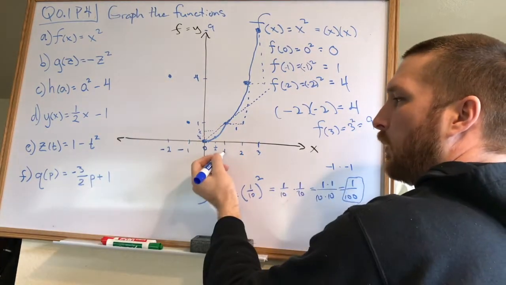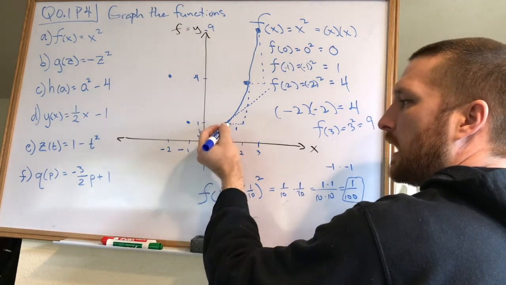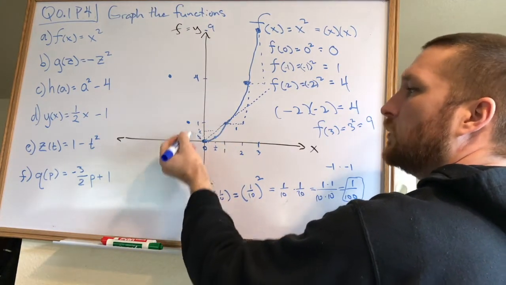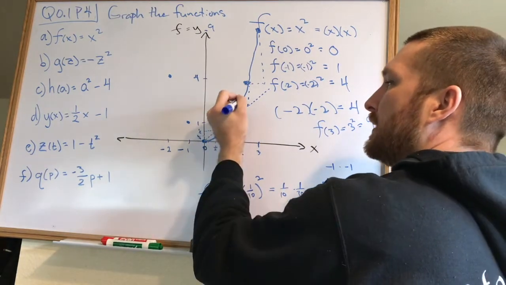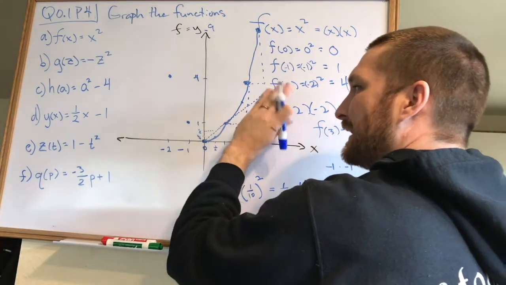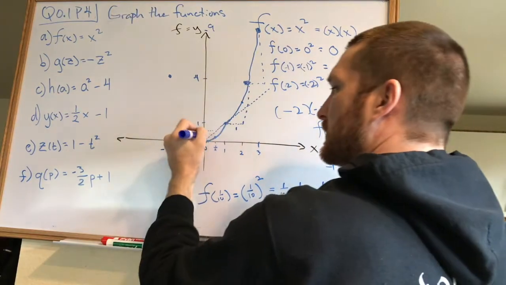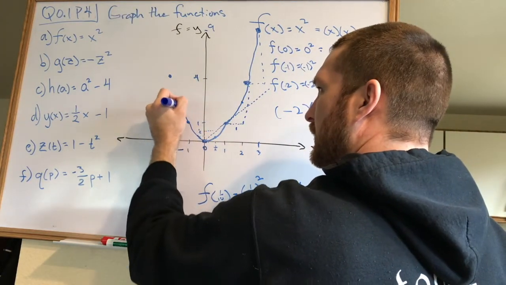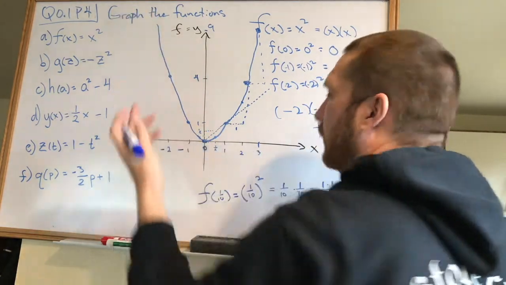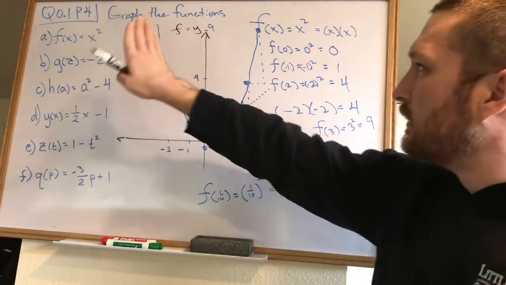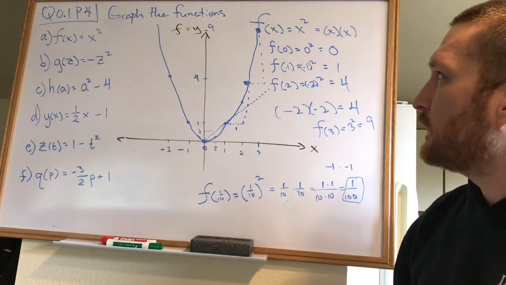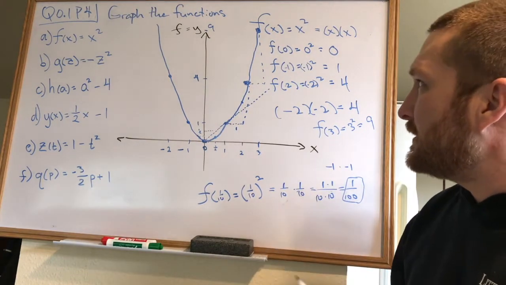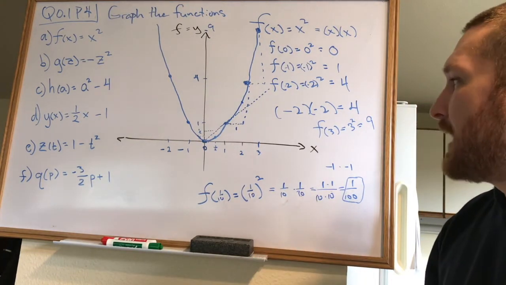When you're at 1, you get 1 as an output, but when you go to negative 1, you also get 1 as an output. Every output that's over here is exactly mirrored on the other side. It's called a reflection, a reflection over the y-axis. And so that's the general shape of a parabola.